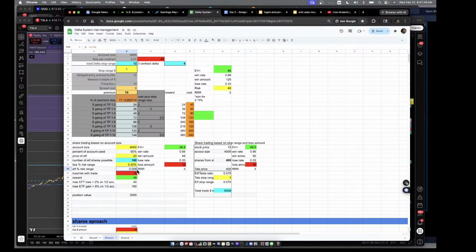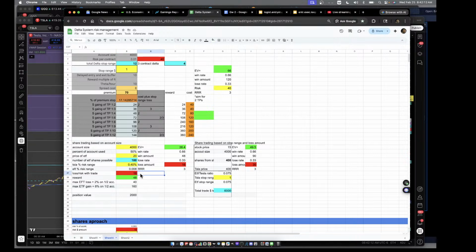I don't think it did. Yeah, it should have adjusted it, because look at my loss. My loss is now 16. So my share should be based on my loss, which should be based on my percentage.